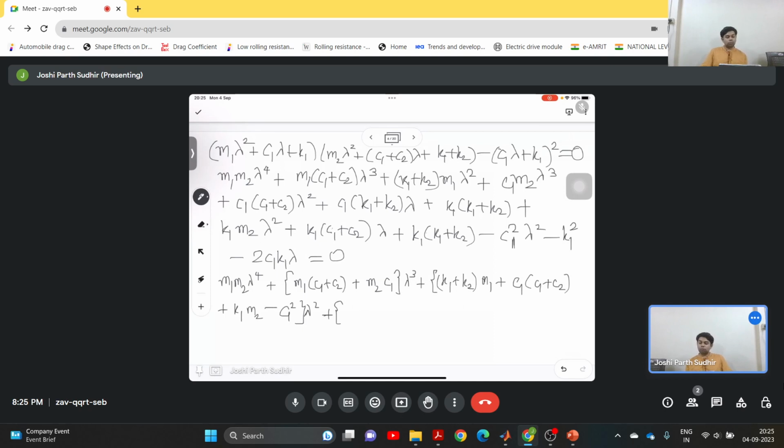It will be c1 into k1 plus k2, plus k1 into c1 plus c2, minus 2 c1 k1, lambda, and then the constant terms, which are k1 into k1 plus k2.